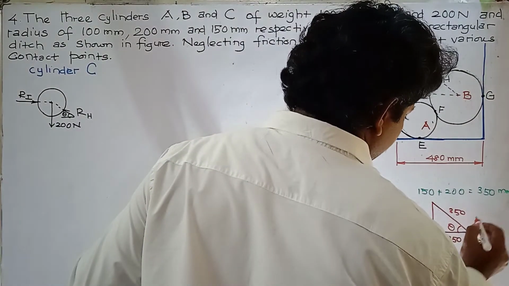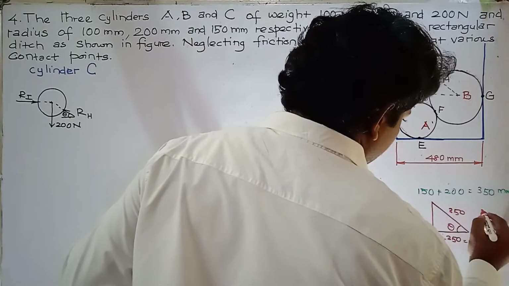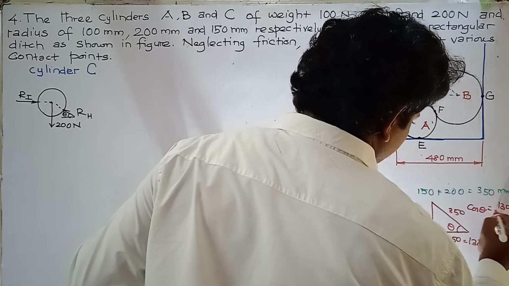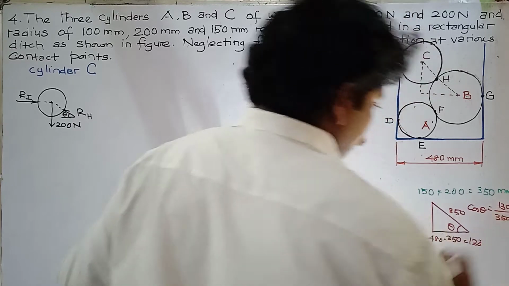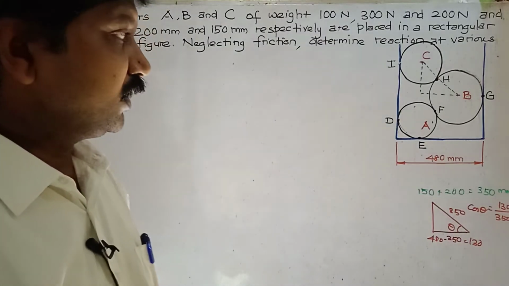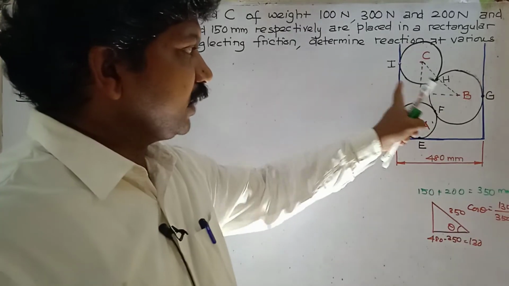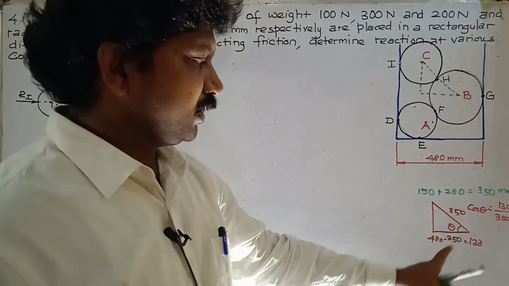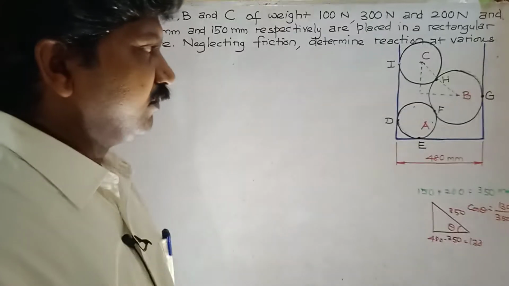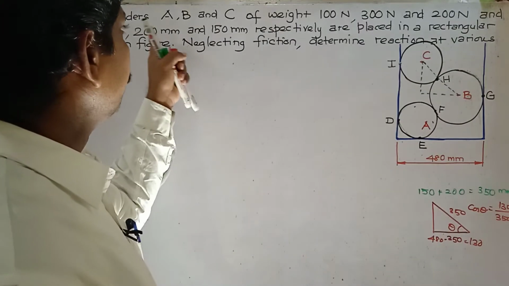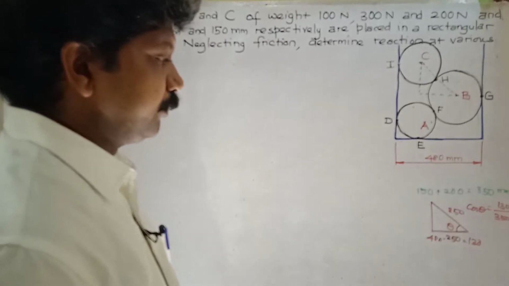So cos theta equals 130 divided by 350. The adjacent is 480 minus the radius of C and radius of B, so 480 minus 350. The radii of B plus C equal 150 plus 200, 350.